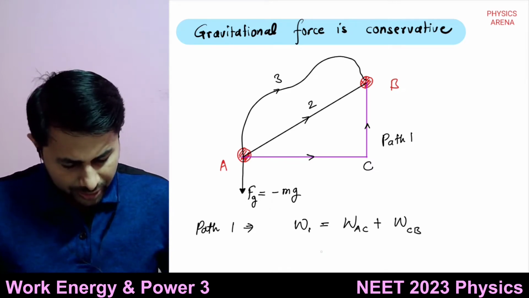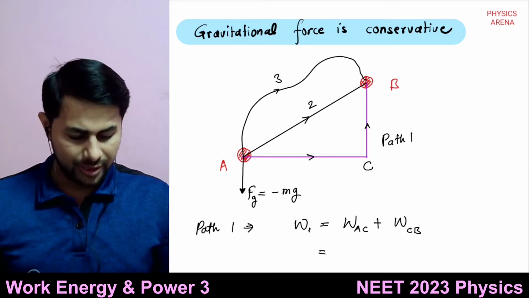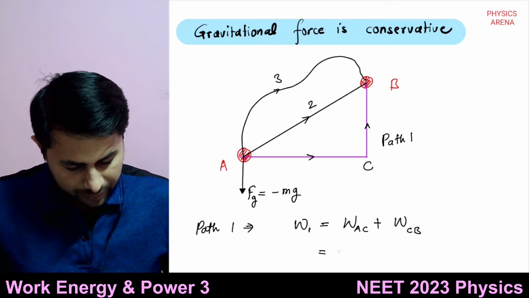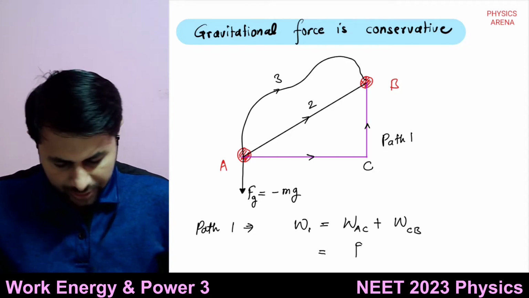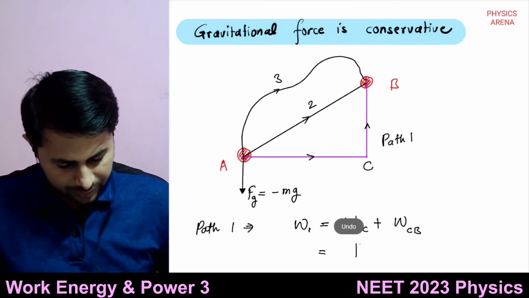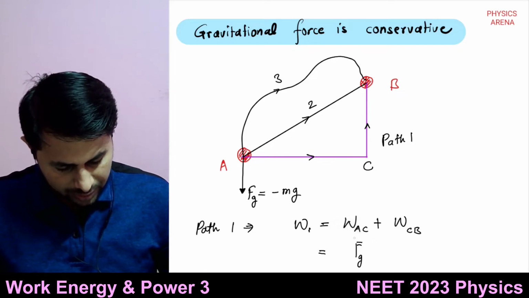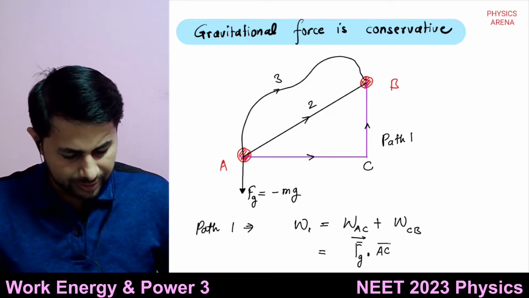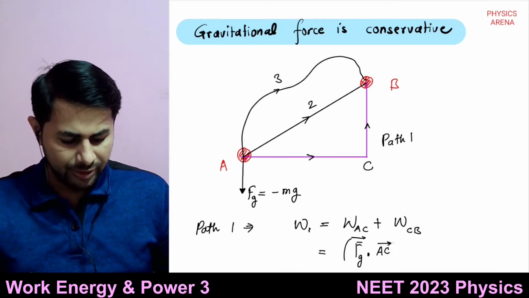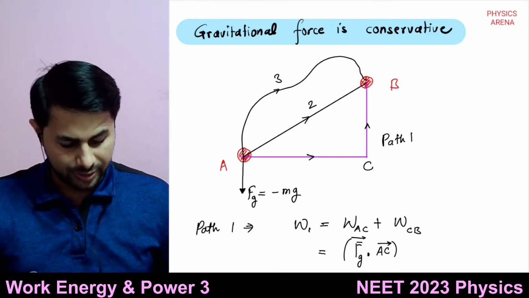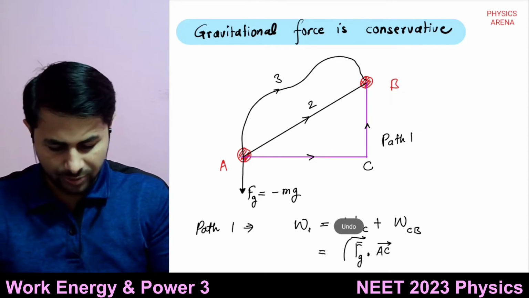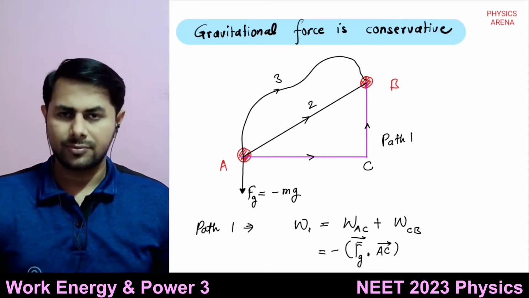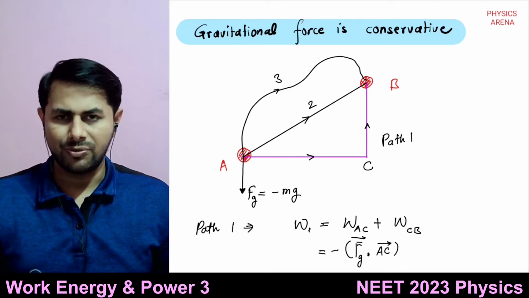Because I want to find out work done against the gravitational force. Okay, I will take gravitational force Fg bar dot this distance AC bar. Okay, this will be work done by the gravitational force. I want work done against of it. So that will be what? Minus of this, right? It will be minus of this.